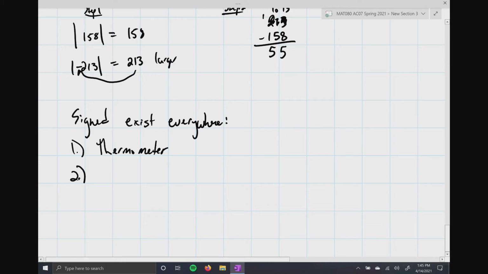How about elevations? We know, and here's my artistic ability.